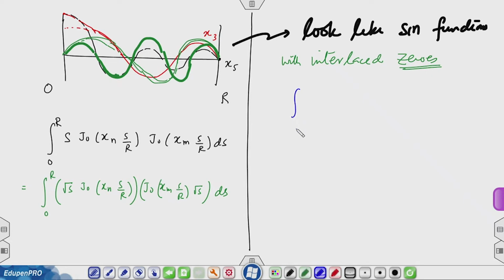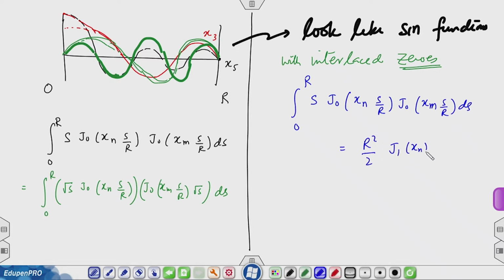So, we have 0 to R, let me write it again, s J0(xn s/R) J0(xm s/R) ds equals R²/2 J1(xn)² delta mn.